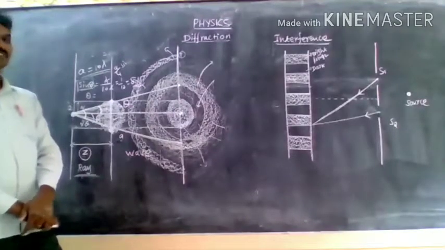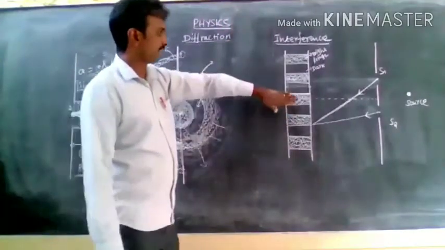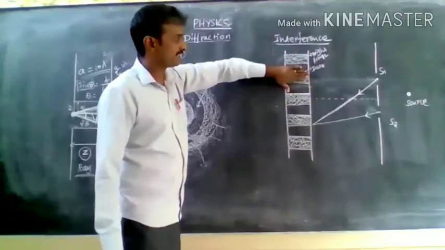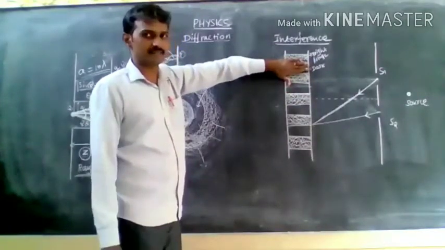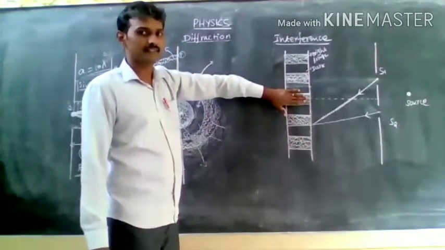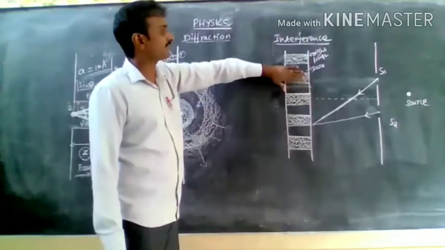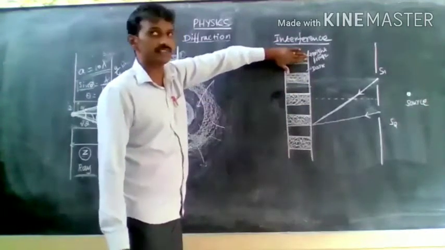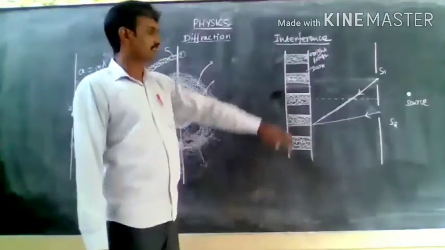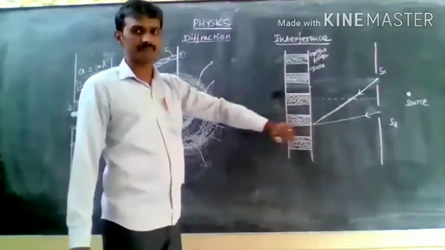Yes, the first difference is that in interference fringes, we obtain bright and dark fringes, and the intensities of the bright fringes are equal. So the intensities of the bright fringes are the same.